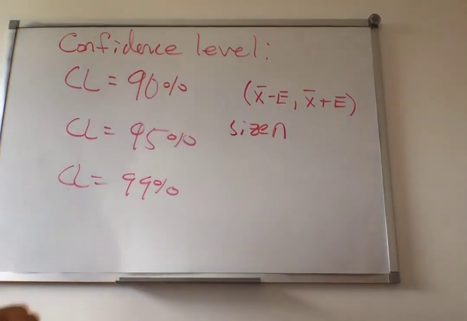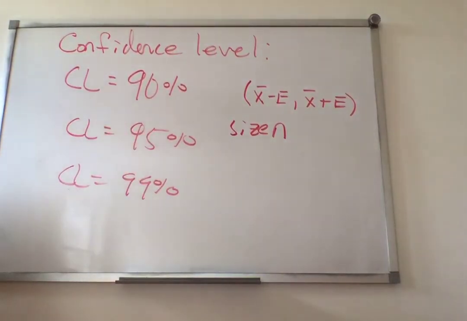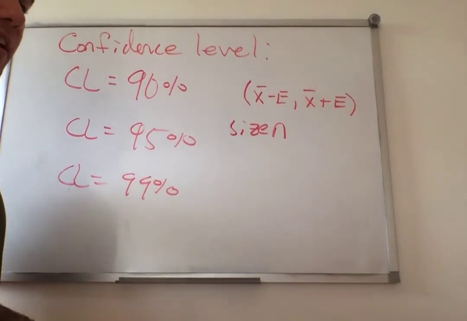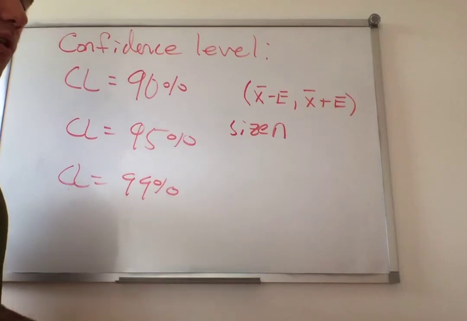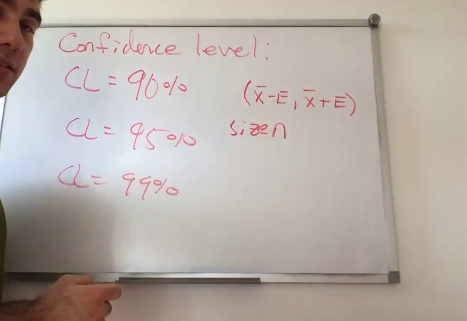Now what we would say is, if we're using a 95% confidence level, if we were to construct confidence intervals over and over and over again, keeping the same size n.